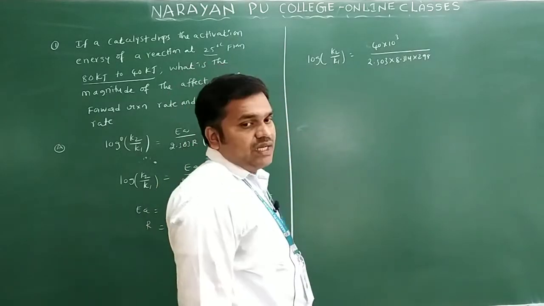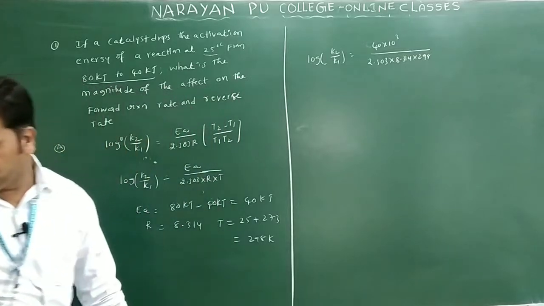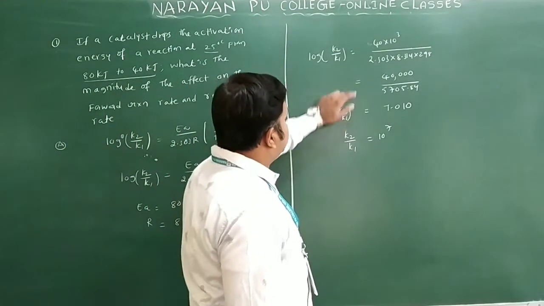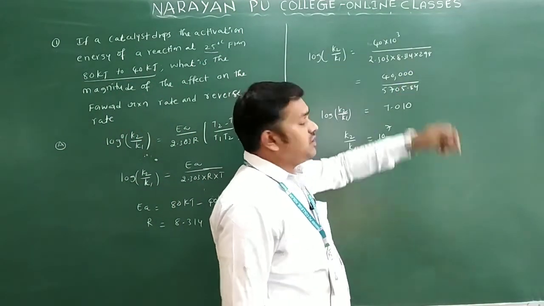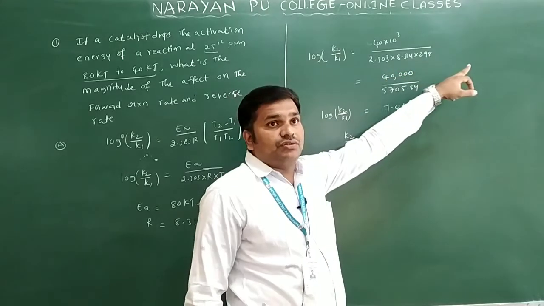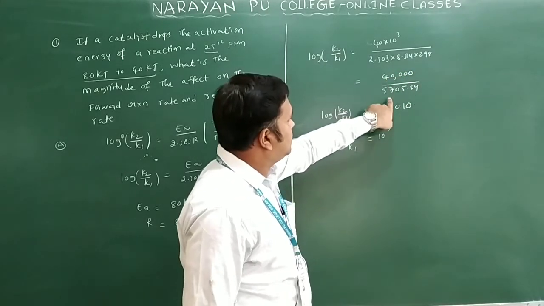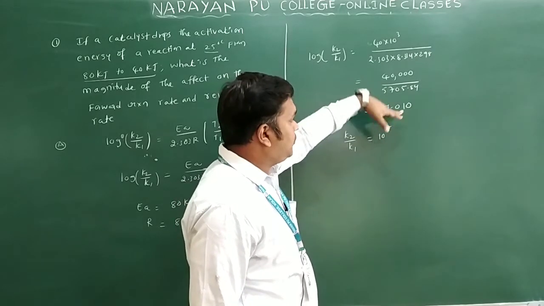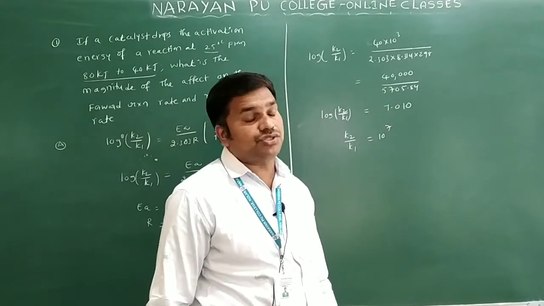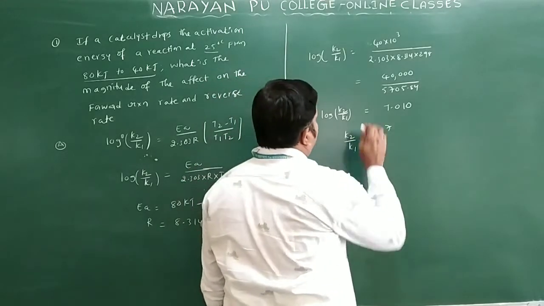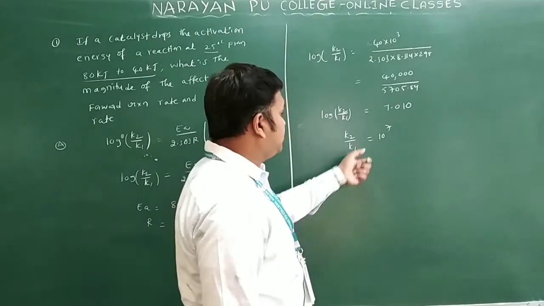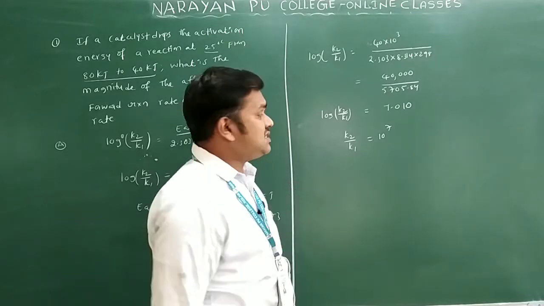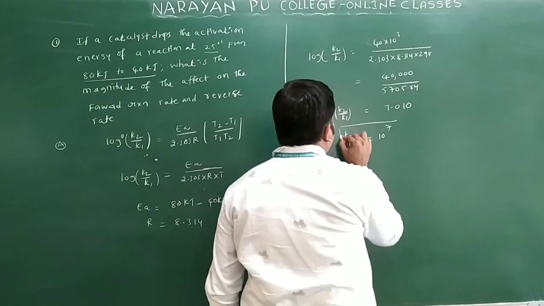Let us see the calculation. This is 40,000 by 2.303 into 8.314 into 298. If you do this, you will get 7.010. So log K2 by K1 is equal to 7.010, and K2 by K1 is equal to 10 power 7. This is the value we got.